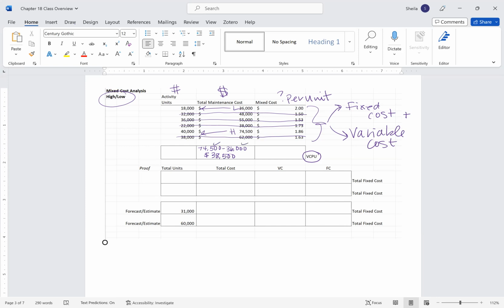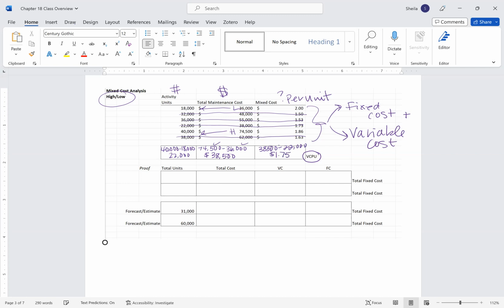Do the same thing for the activity. So 40,000 minus 18,000 means that we have 22,000 units that are driving that variable cost. So how do I calculate my variable cost per unit? Well, I just take my 38,500 divided by 22,000 units, and that gives me $1.75 per unit.